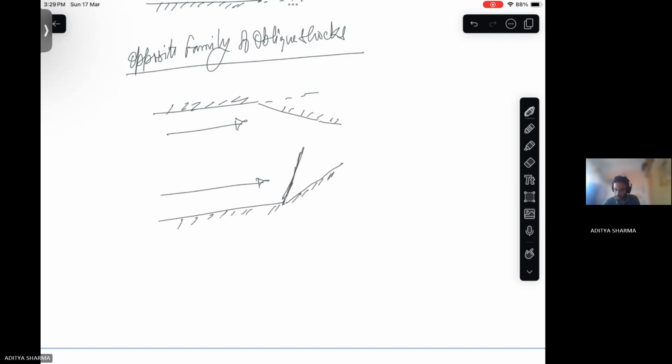For the upper case, we get this shock, and these two shocks interact at this point. So this is essentially our opposite family of oblique shocks, where these two oblique shocks interact with each other.